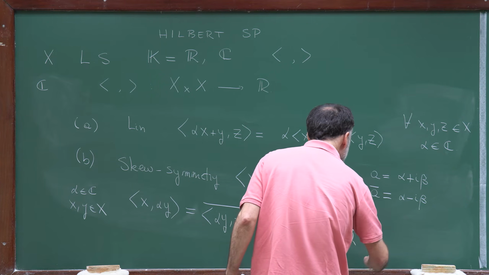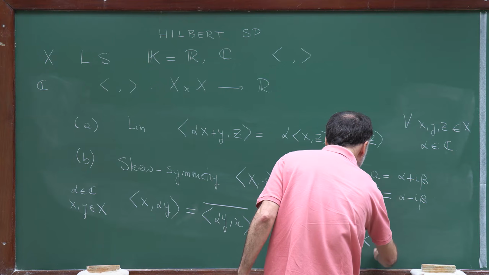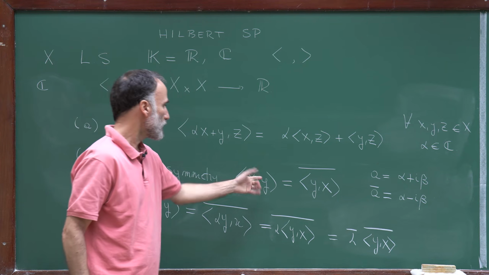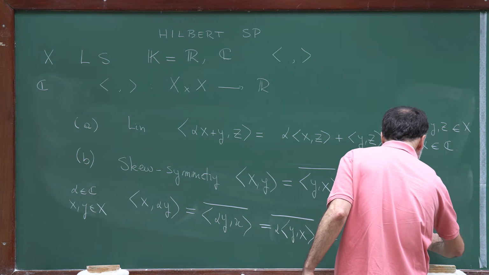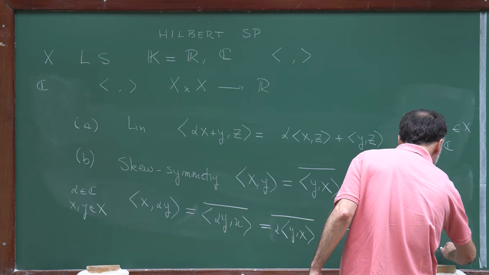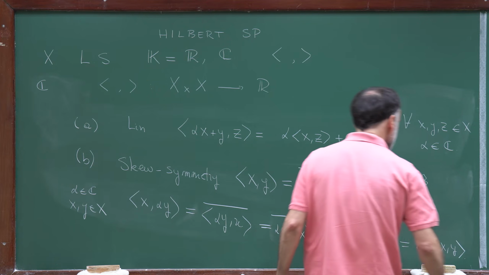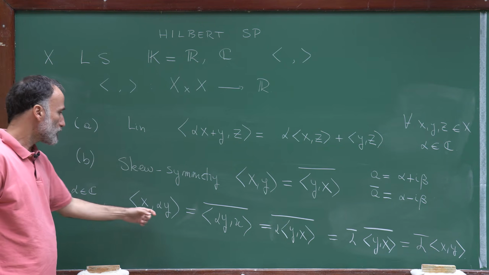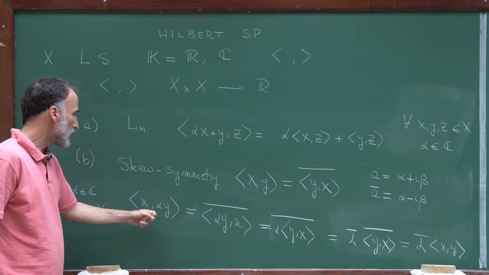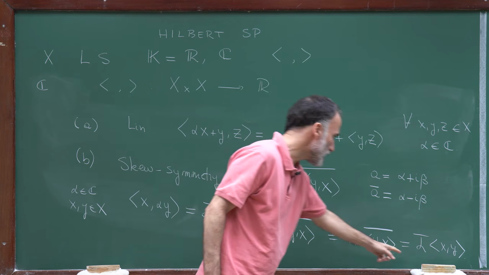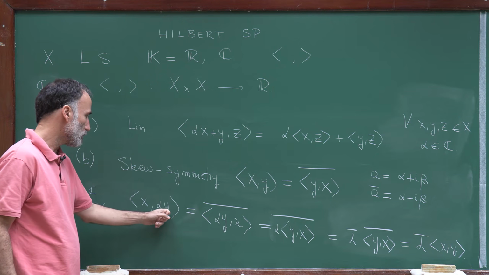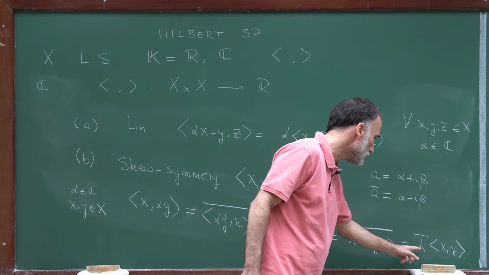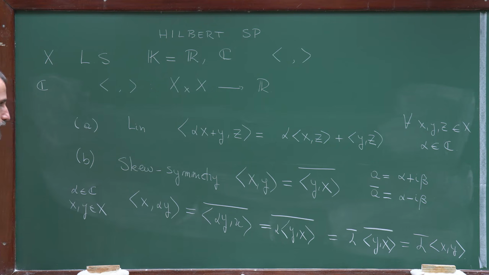So this is the complex conjugate of α times (y, x), which is ᾱ times the complex conjugate of (y, x). And now we can use again B to write that this is ᾱ times (x, y). And therefore, what you observe is that, well, on the second coordinate, you don't have linearity, but you have skew linearity, right? If you have α multiplying y on the second coordinate, well, this is not linear anymore, but you have to replace α by its complex conjugate.